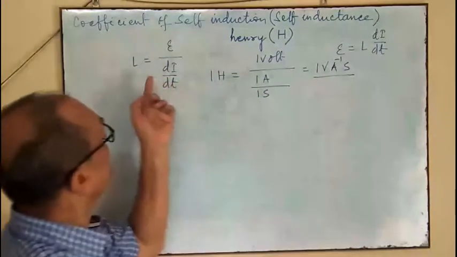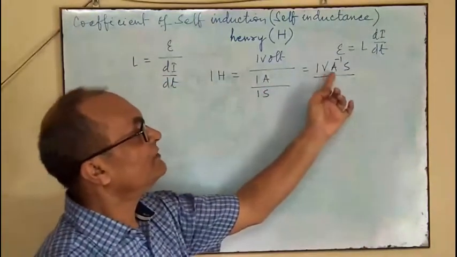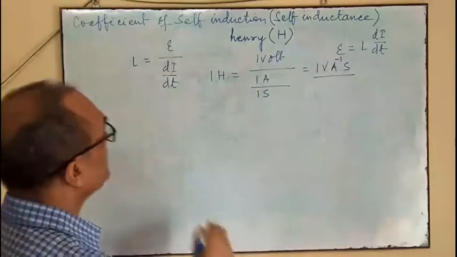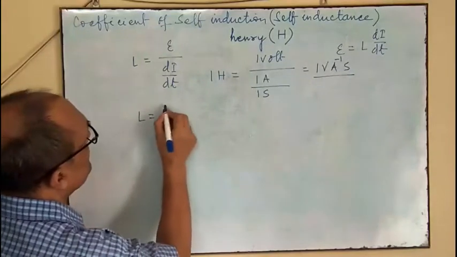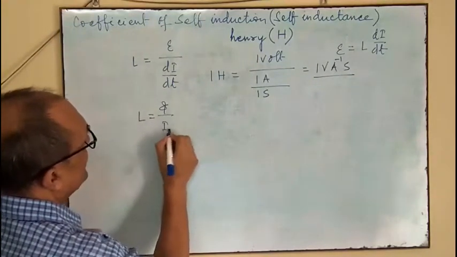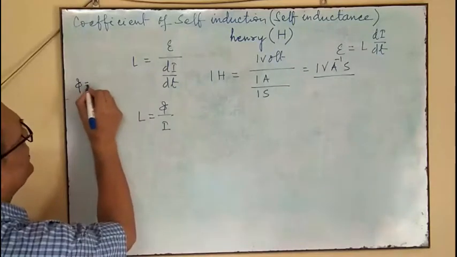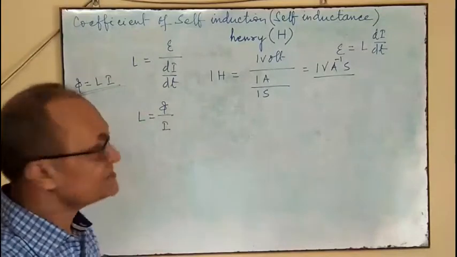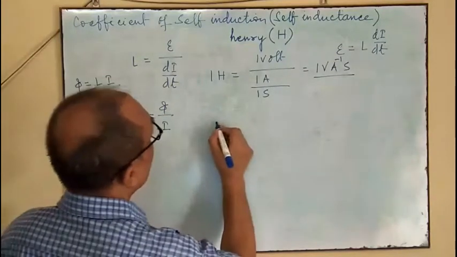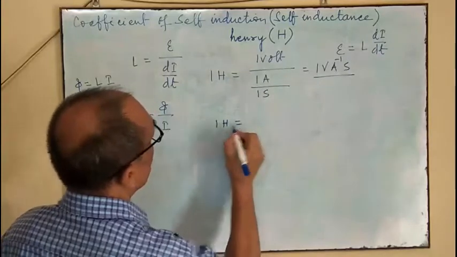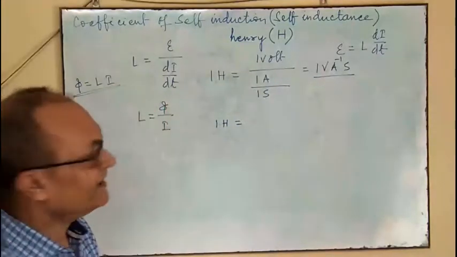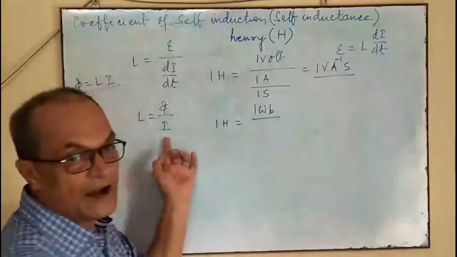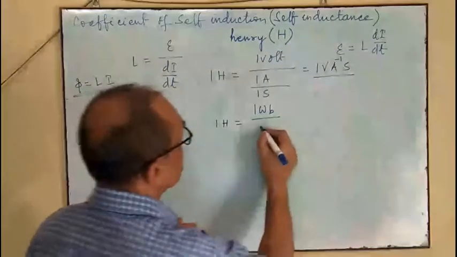So 1 Henry equals 1 volt-second per ampere. Then we also know L equals phi by I from this formula, and phi equals Li, which we also discussed. So from here, 1 Henry equals phi, which can be expressed in Weber, divided by I, 1 ampere.